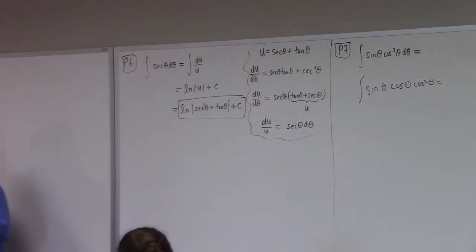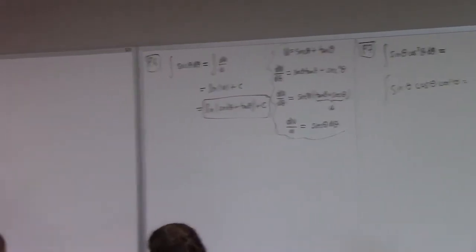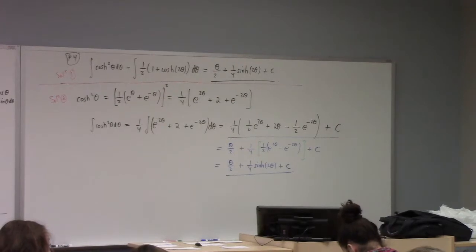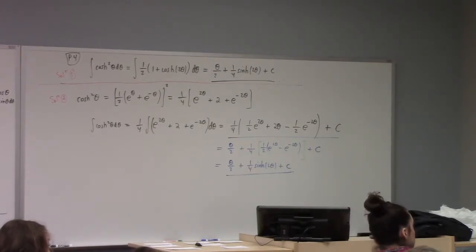So in the context of a larger problem, if the problem is not just the integral of secant theta, you're allowed to cite this result. If you were doing some other problem that took a half dozen steps to get to this, and then you find yourself faced with the integral of secant theta, you may say, as we know from class, the integral of secant theta is the log of the absolute value of secant plus tangent.